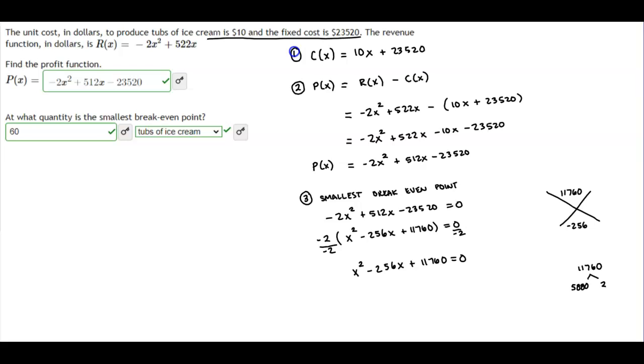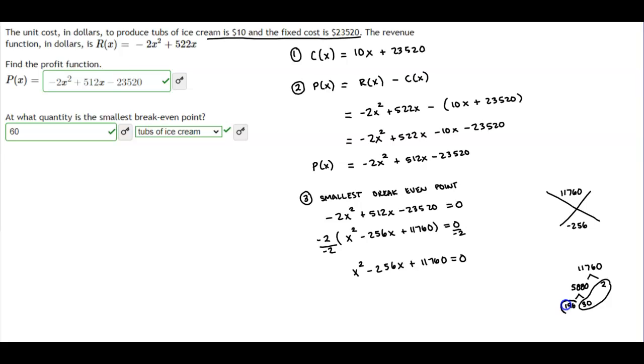and that's 5,880. Now those two numbers, when you subtract them or add them, are not going to give you negative 256. But we do know that if you multiply 196 by 30, it's going to give you 5,880. So if we take 30 times 2, that gives us 60.